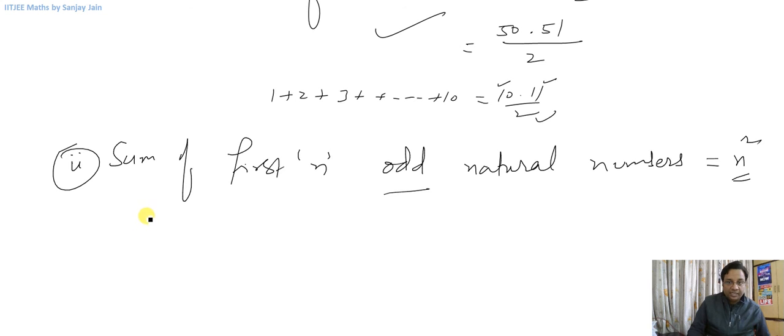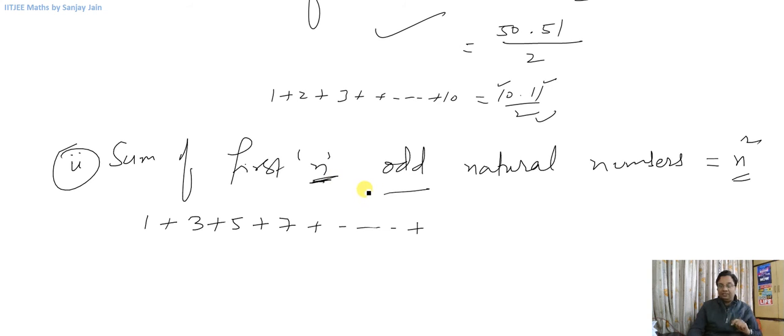So let me write first n odd natural numbers like this: 1 plus 3 plus 5 plus 7 up to, what will be the nth odd natural number? It will be 2n minus 1. How did I obtain it? I already spoke about the nth term of an AP.